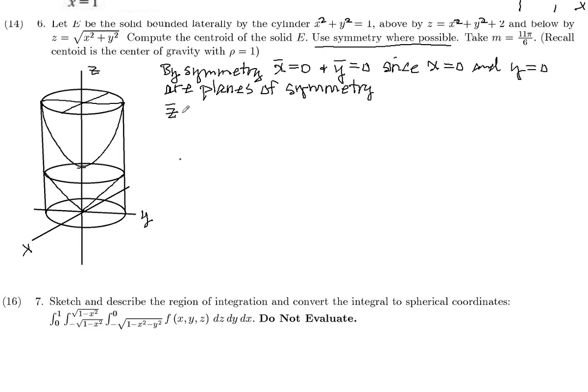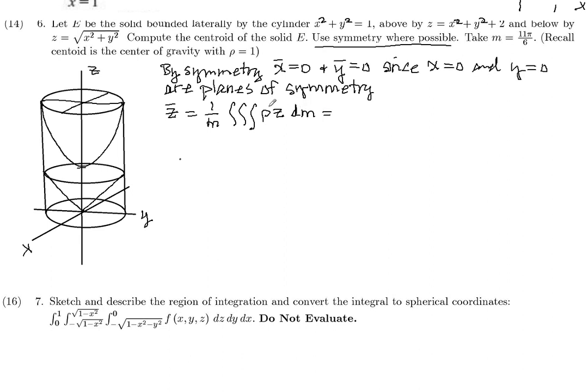And then remember that z bar is, by definition, 1 over m times the triple integral of rho times z times dm. Okay, we know what the mass is. It's 11 pi over 6, so 1 over m is going to be 6 pi over 11.